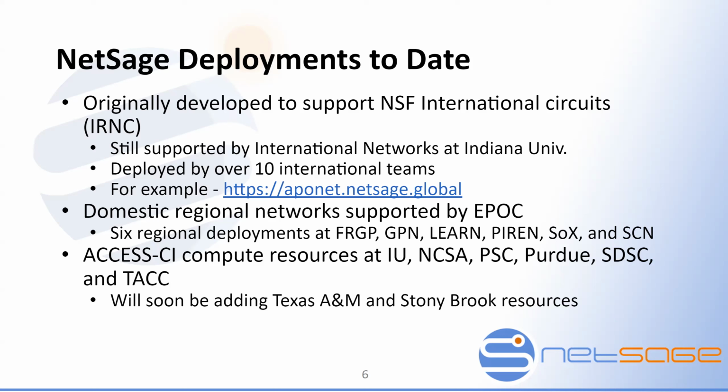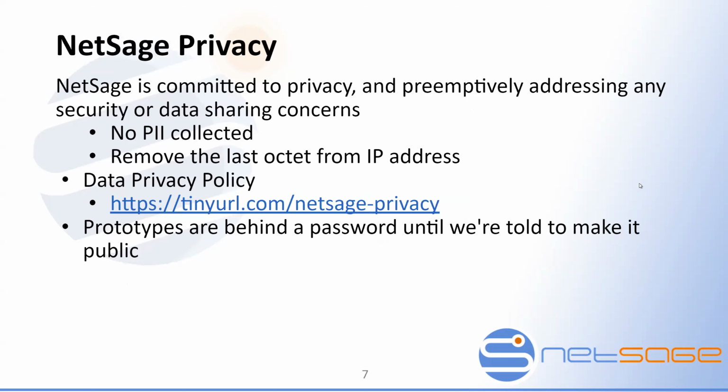So that Access CI instance gives you information about the top tier resources, and we're actually going to be adding Texas A&M and Stony Brook pretty quick as well. And again, there are international instances that are still maintained by IU as well. So there's a bunch of different places that you can find really interesting network data about where transfers are happening and what the performance looks like.